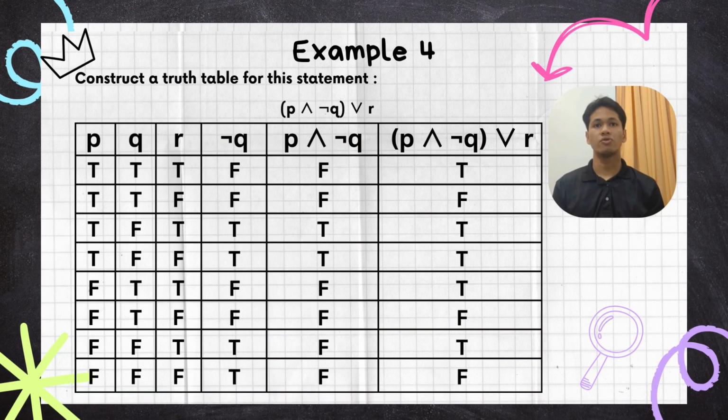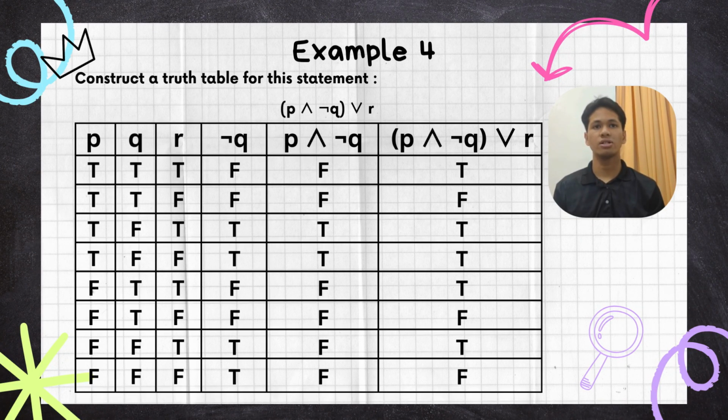For example 4, the question asks to construct a truth table for a given logical statement. To answer this question, we construct a truth table in a systematic way. First, we list all possible combinations of truth values for the statements, so that every case is considered. Next, we determine the negation of the second statement for each row in the table.